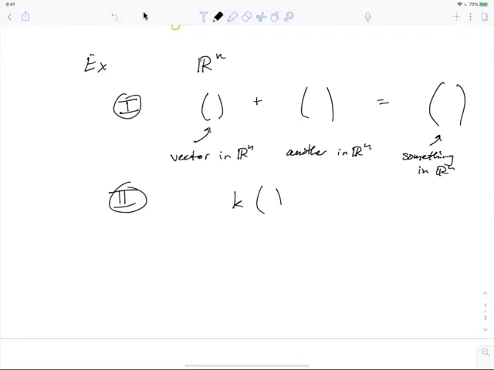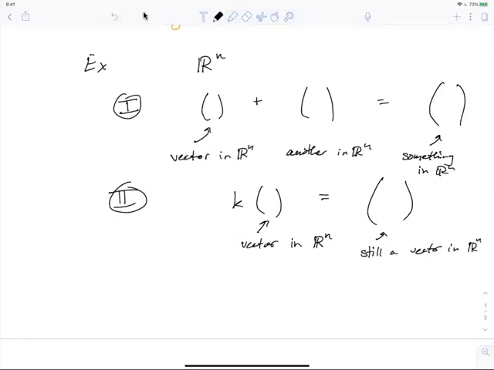If I take k times a vector in Rn, then you still get something in Rn. All right, so that describes a vector space. You can add and scale in it without leaving that space.